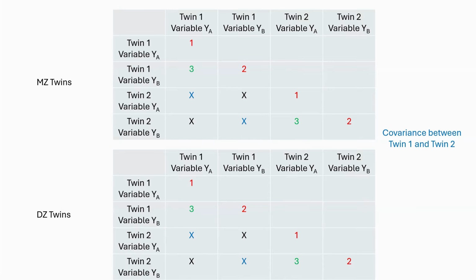Here we do expect MZ and DZ twins to have different covariances. And of course, we expect that covariance will be different for variable YA and for variable YB. Thus, 4 entries of the variance-covariance matrices provide us with information on 4 parameters. We now have a total of 7 pieces of information.